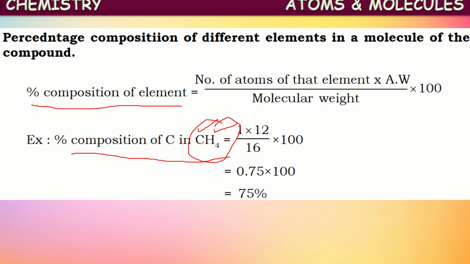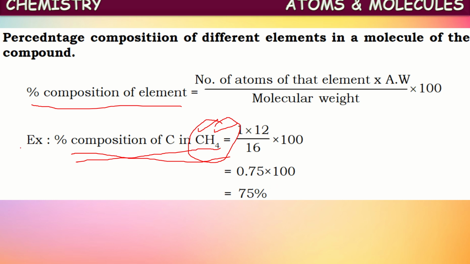Now, if you want to find out the percentage composition of hydrogen within the same molecule, percentage composition of hydrogen is equal to, instead of 1 here, how many hydrogen atoms are there? 4. 4 into, what is the atomic weight of hydrogen? 1. 4 into 1 by 16. 4 by 16 into 100. 4 by 16 means 1 by 4. 1 by 4 into 100 is 25%.